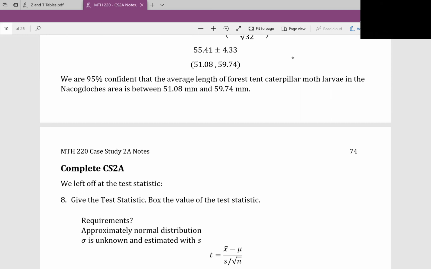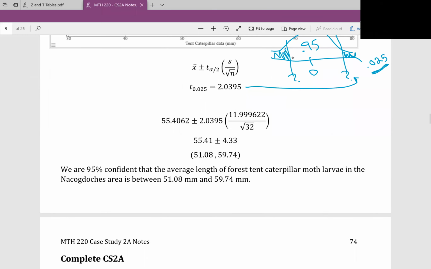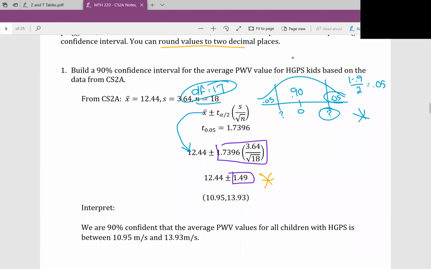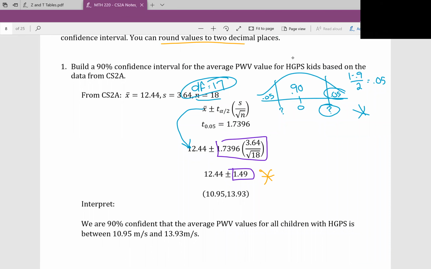Go ahead, write that down, and I'm going to scroll up to where we have our info for case study 2A. We had our info right up here. What we're going to plug in for X bar is 12.44, for S is 3.64, and N, our sample size, is 18.